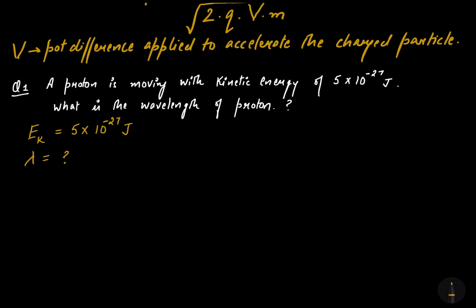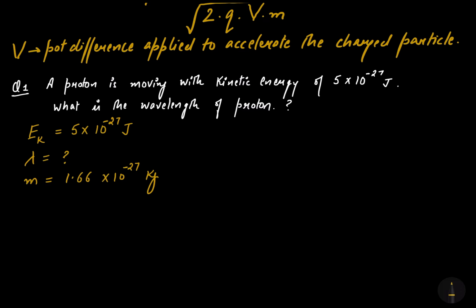Now here the mass of the proton, we know that it is 1.66 into 10 to the power minus 27 kilograms.